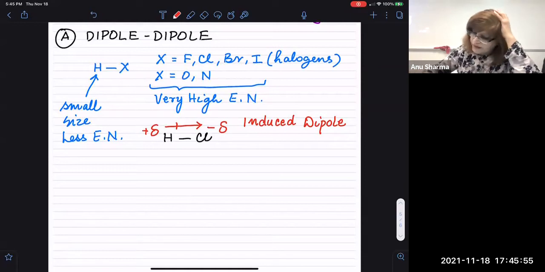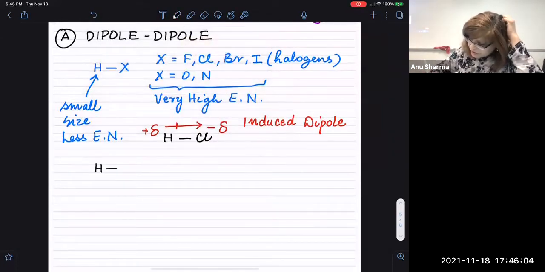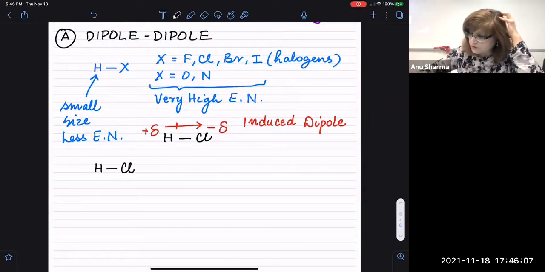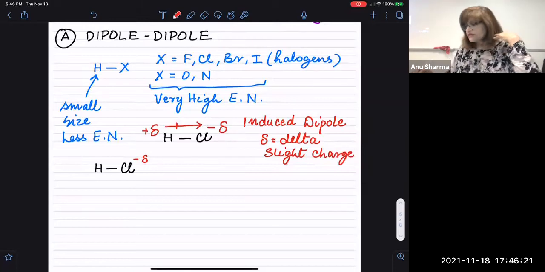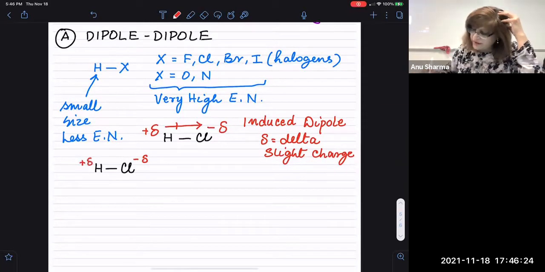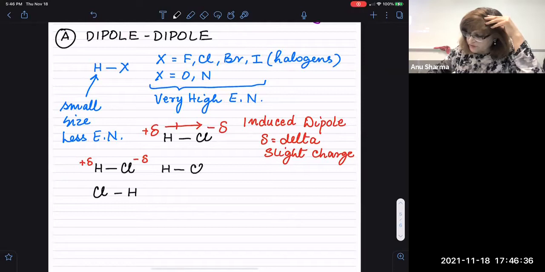But okay, fine. How do they arrange or stack? So what happens is, here is this hydrogen with its delta positive charge, and here's the chlorine with its delta negative. Delta means very small or slight. So this is a slight charge. The bond is not breaking, the bond is still there. Now, every hydrogen is going to be near a chlorine, and every chlorine is going to be near a hydrogen.